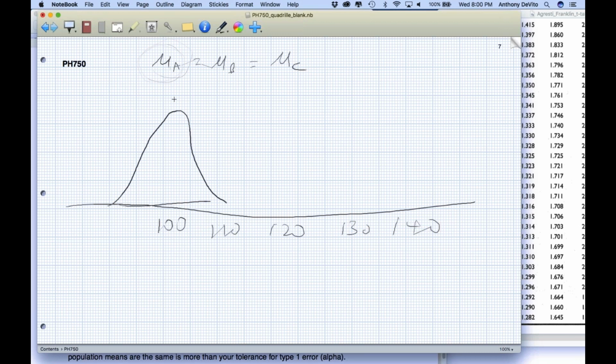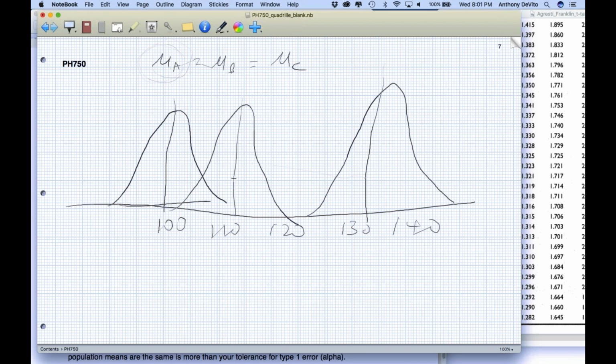Let's say group B, the average I get for that and the variability based on its average and repeated samples might look something like this. And for group C, it might look something like this. Well, group C is so different from these others, so far away, that it's easy to tell that it's different from these other 2 groups. And just by looking at the distribution of the sample means, I can tell it's different, right?